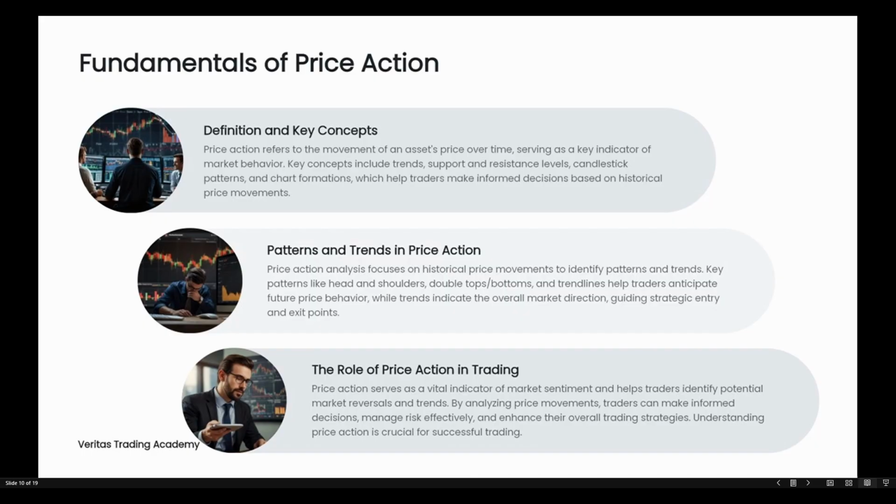So including these key patterns is very, very important for your entries. You can use patterns such as head and shoulders and double tops. Some price action traders even use trend lines, which help traders anticipate future price behavior. And the trends dictate overall market direction.